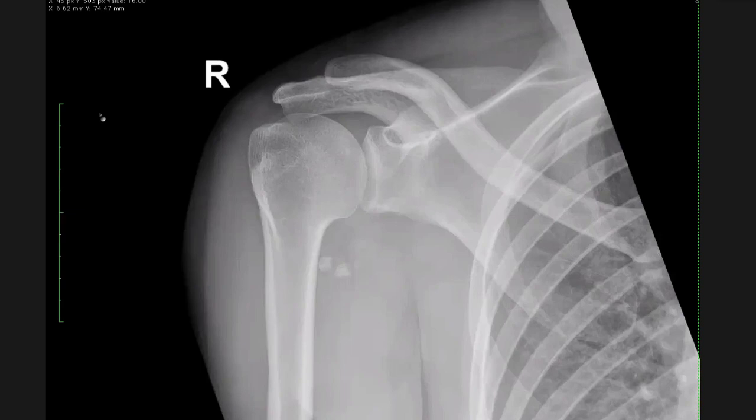I can see 2 calcific densities in the muscular compartment on the medial aspect, and these densities are well defined, but with a fuzzy outline, and a surrounding minimal edema is also noted.